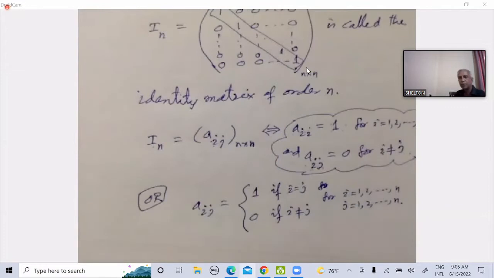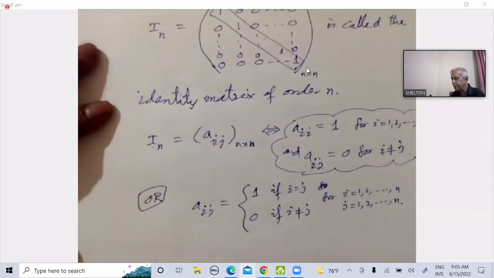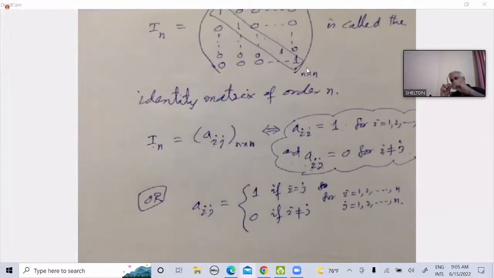So the identity matrix is the square matrix with diagonal entries equal to 1 and other entries all 0.